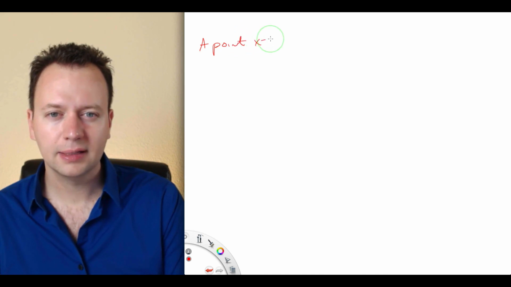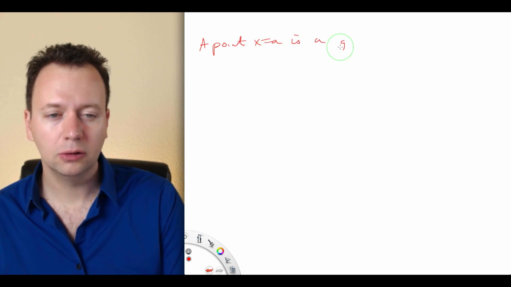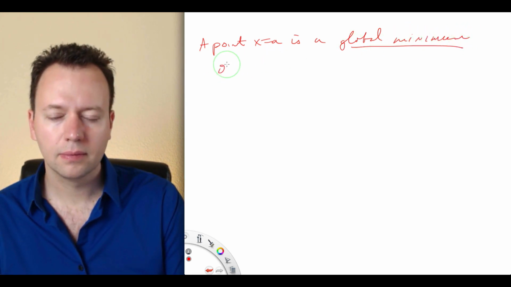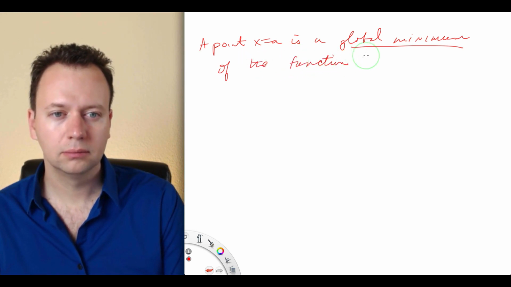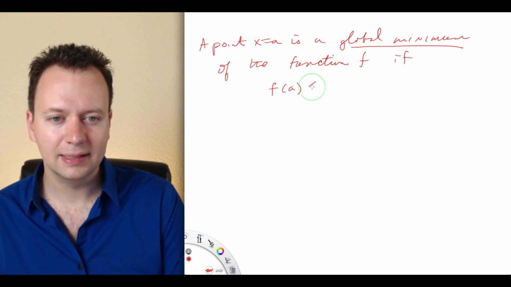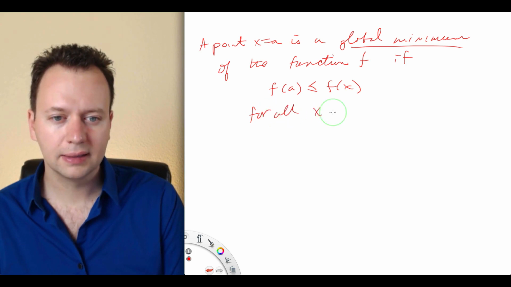So a point x equals a is a global minimum of the function f if f of a is less than or equal to f of x for all x in the domain of f.